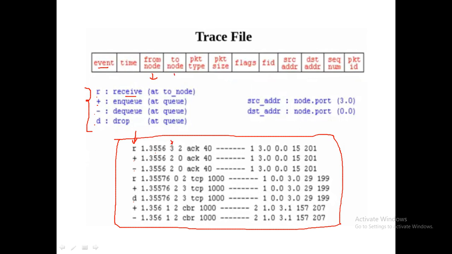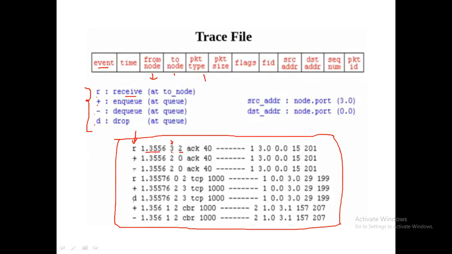Then the to node, that is, from which node to which node packets are going. There might be many. So in this one, a packet is received from the third node to the second node, from node 3 to 2, right? This is how you have to understand and analyze it. From the third node to the second node, a packet has been received at this particular time.